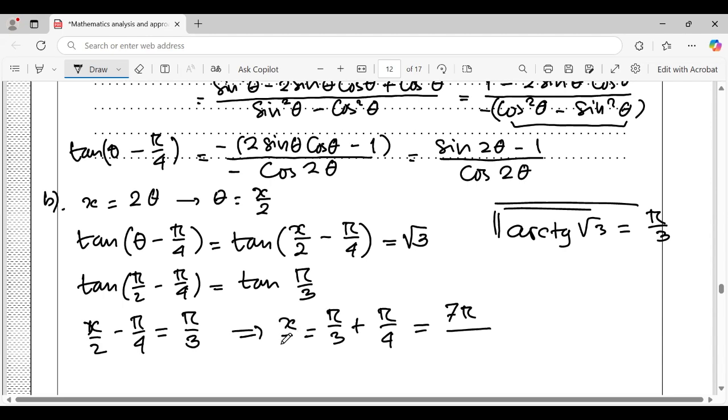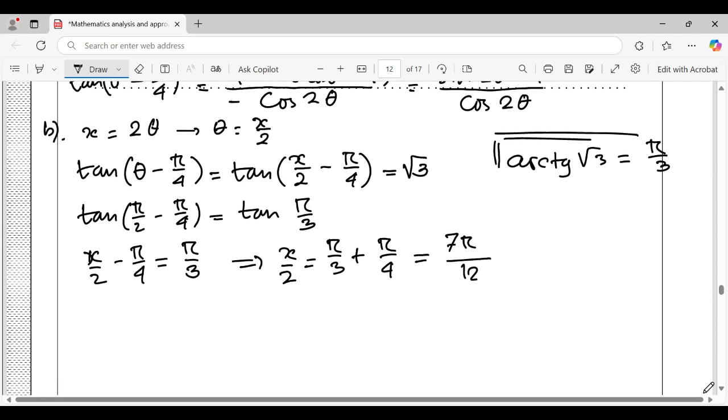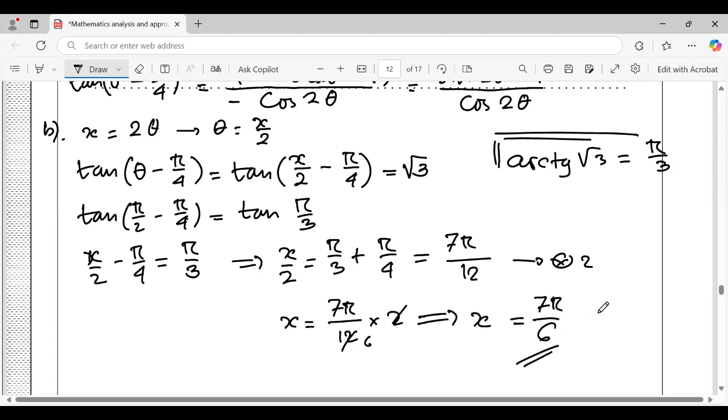So we can determine x by multiplying by 2. 7 pi over 12 multiplied by 2 gives 7 pi over 6. So x equals 7 pi over 6.